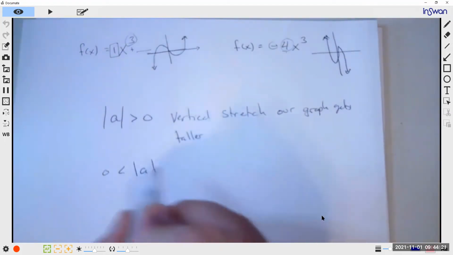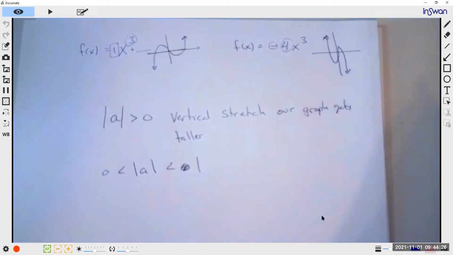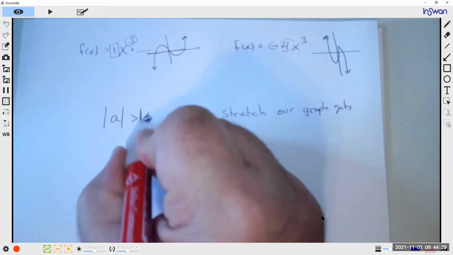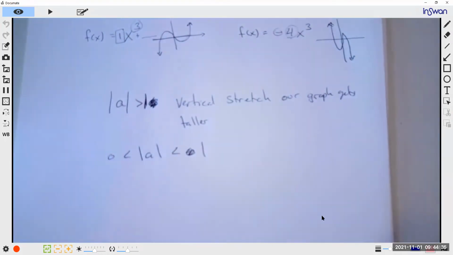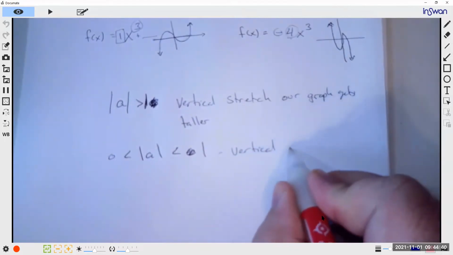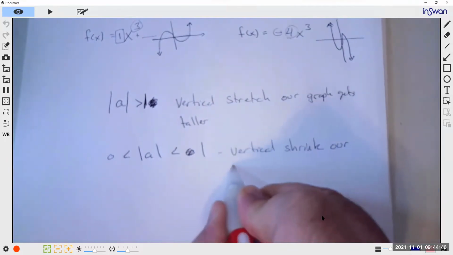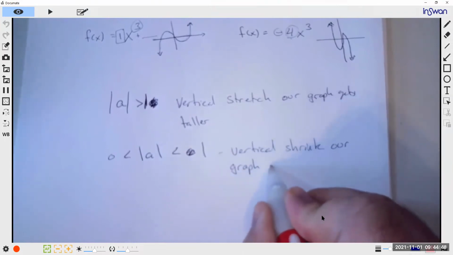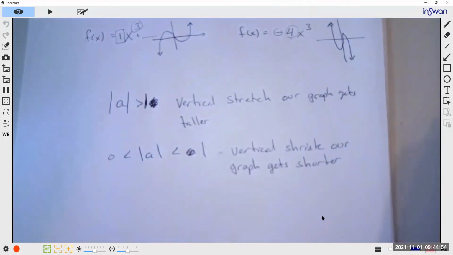Oh, I'm sorry, I should say if it's greater than 1, not 0. If the absolute value of a is between 0 and 1, that's a vertical shrink. Our graph gets shorter. So the same thing applies as we did with transformations earlier.